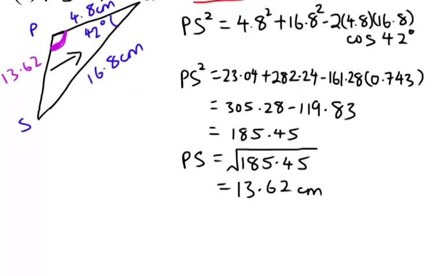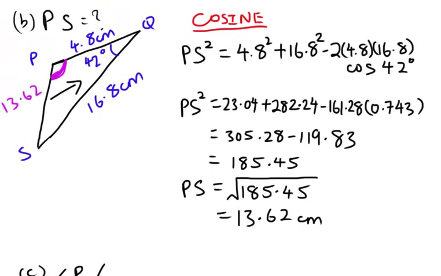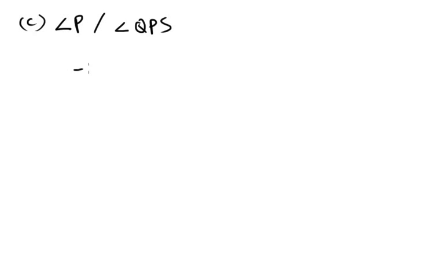So part C, we are looking for the angle P, or we could say the angle QPS. So we just quickly sketch out the triangle again.